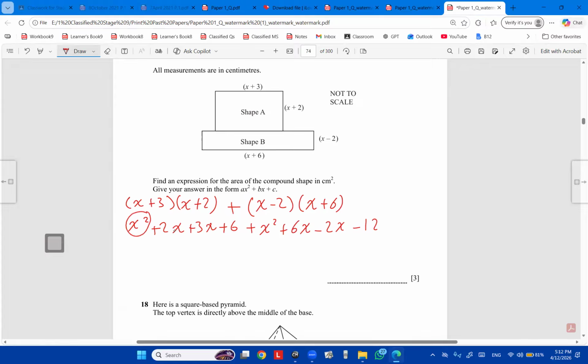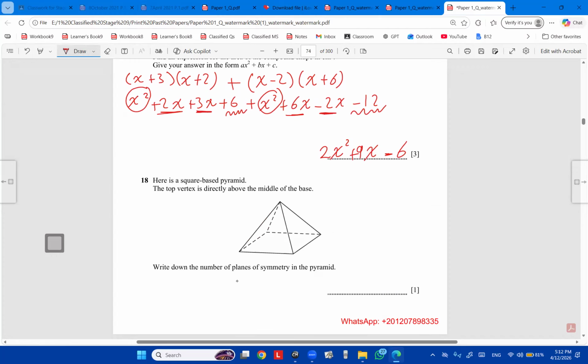The x squared with x squared gives exactly 2x squared. Then 2x with 3x is 5x. 5x and 6x is 11x. 11x minus 2x is positive 9x. Then the 6 minus 12 is going to give you negative 6.